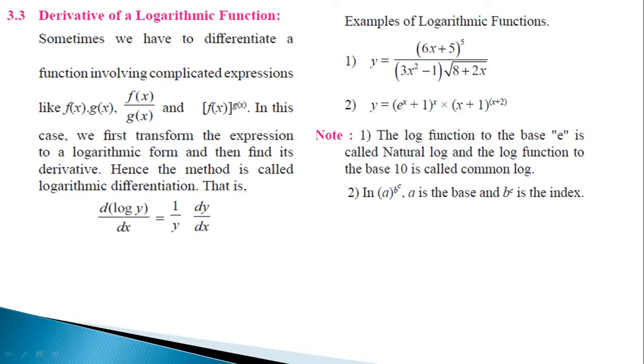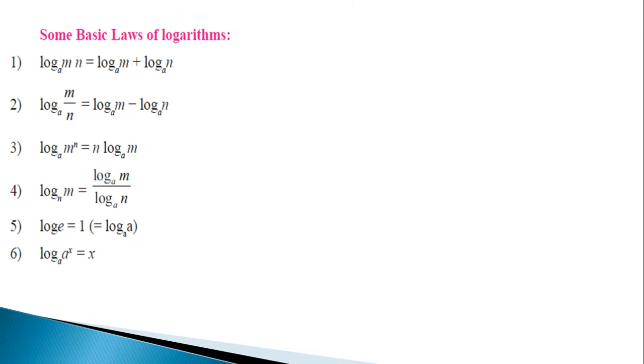Now let us recall some basic laws of logarithms. The first law is: log of m into n is equal to log m to the base a plus log n to the base a. The second one is log of m upon n to the base a can be written as log m to the base a minus log n to the base a.